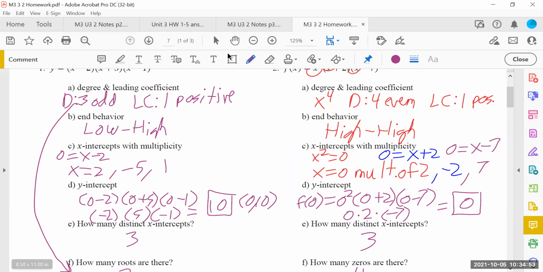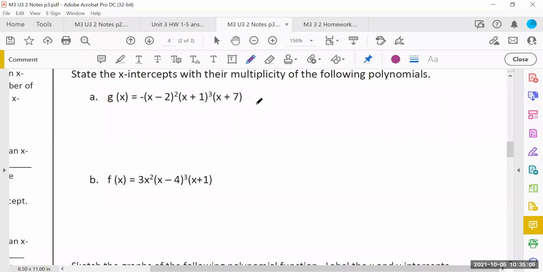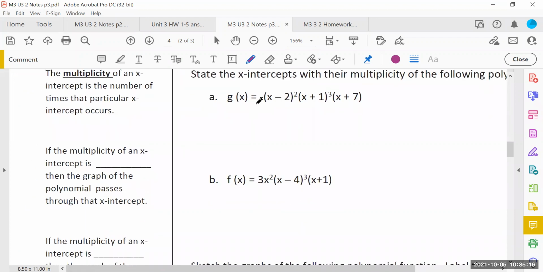All right, back to the notes, and let's put it all together. How do we take all this information and graph it? Now, we're actually going to skip A and B back here. I already told you everything that I would have shown you with A and B, so we're going to skip those. But we are going to make a note over here. Multiplicity is important. We talked about multiplicity on the previous page. If the multiplicity of an x-intercept is odd, go ahead and fill that in your notes.